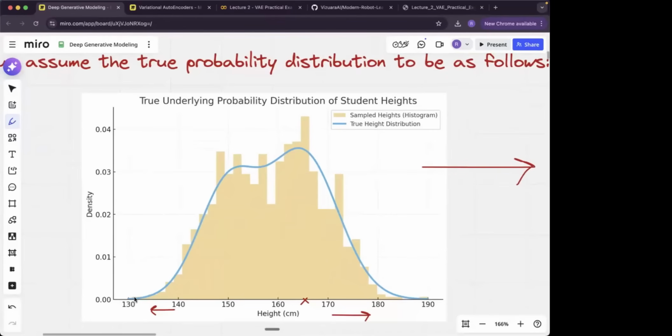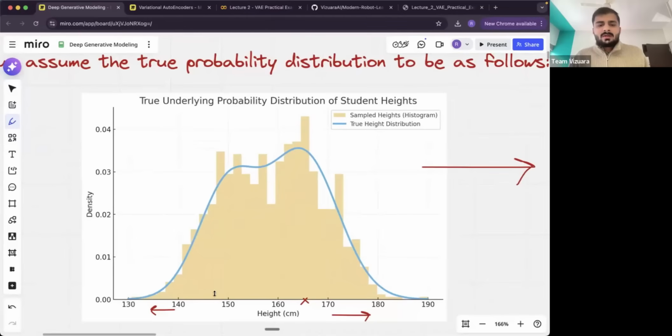So let's say the blue distribution is the true distribution. And this is the distribution that you want because you can then sample from this distribution and predict the height of the new student. But the problem is that this blue distribution is not available to us.